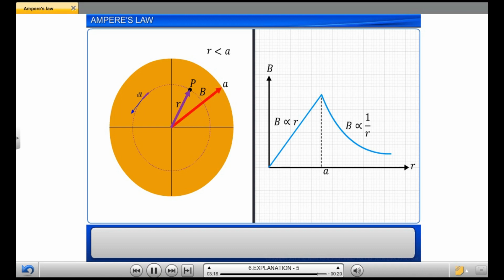From the graph, it is clear that the magnetic induction varies linearly from the center of the cross-section of the wire to the periphery of the wire. And for all the points outside the conductor, the magnetic induction decreases with the increase in the distance from the center of the wire.